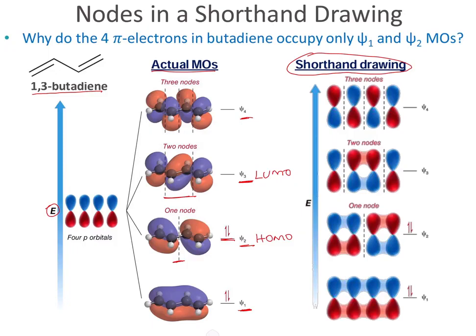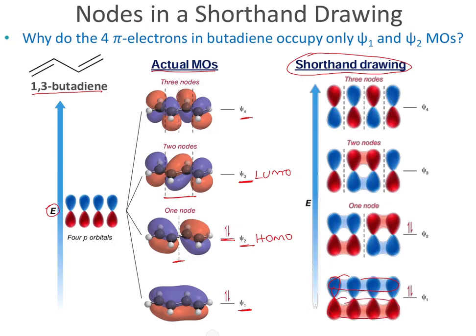Because there are 4 p orbitals, we can use these lobes. So we can draw them in this format. If the overlap is favorable, then we are going to have the blues on the same side, the reds on the same side, which means the electrons can be delocalized within all the 4 carbon atoms.